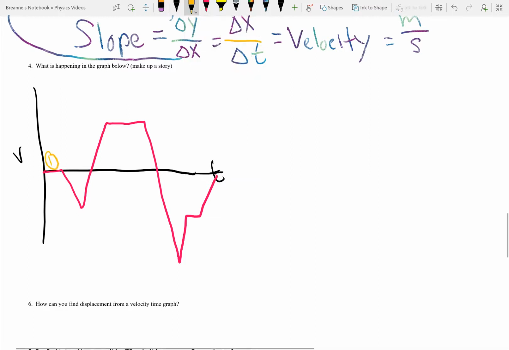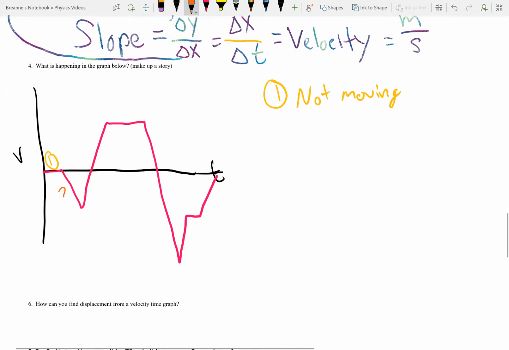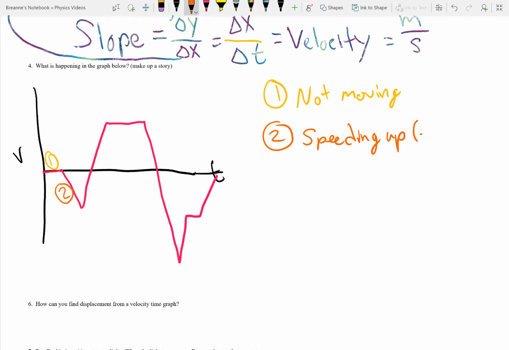So 1, our velocity is 0, so we're not moving. 2, we're in the negative direction, and our numbers would be getting bigger, so we are speeding up in the negative.